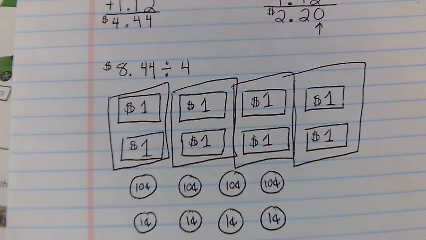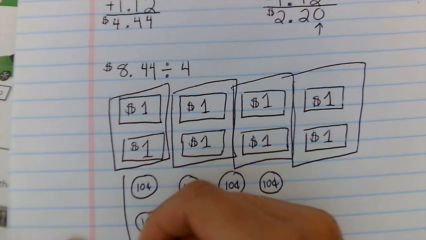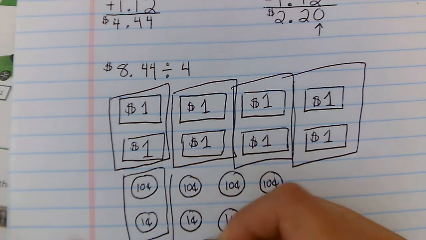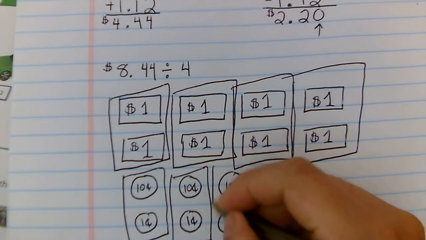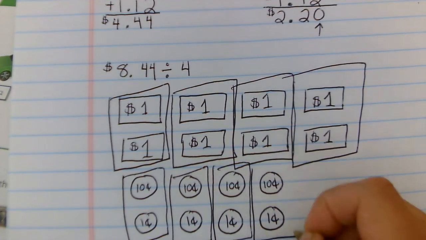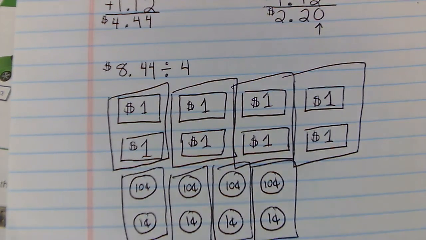Okay, so I broke that up into 4 groups. Now I need to break the dimes and the pennies up into 4 groups, and I actually have them lined up so that I can just do them both at the same time. So a dime and a penny each. Did I get the exact same answer? I did. That's funny. Break them up into 4 equal groups.